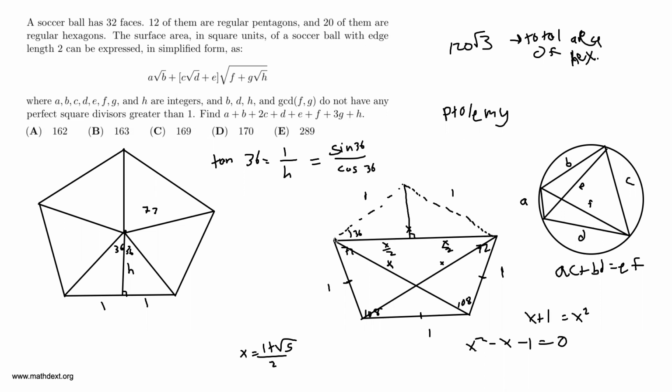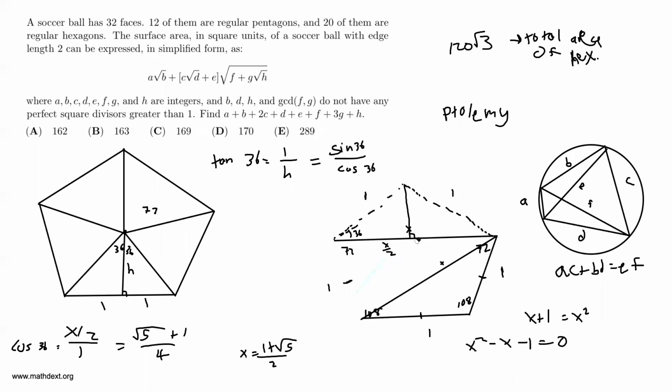So this angle is 36. So cosine of 36 is equal to adjacent length divided by hypotenuse, which is x over 2 divided by 1. And you can just divide x by 2, you get square root of 5 plus 1 over 4. Great, so we have what cosine of 36 is.